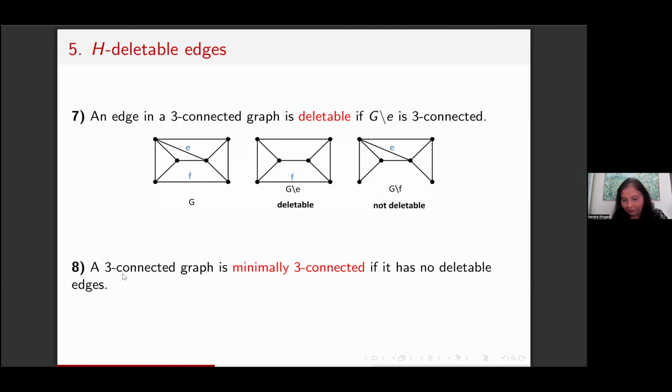And the well-known definition of minimally 3-connected: you cannot throw any edge out. If you throw an edge out, you lose 3-connectivity. So a 3-connected graph is minimally 3-connected if it has no deletable edges.